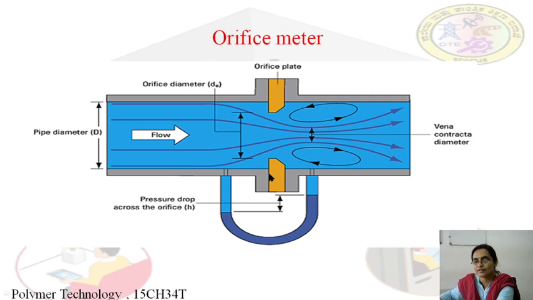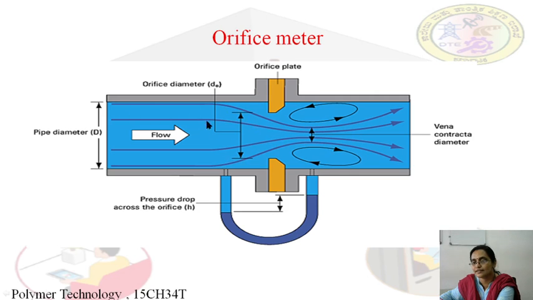So here is the schematic diagram for the orifice meter. Here we can see a pipe of diameter D. The orifice diameter is DO. The orifice plate has a bevel angle and is clamped in the pipe flanges. Then the fluid is flowing.